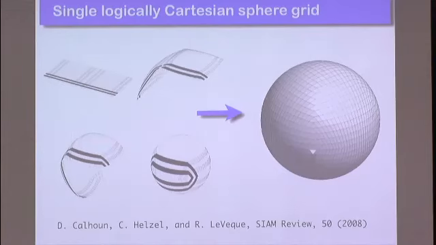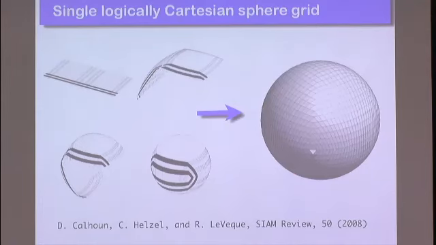The grid we want to work on is what we're calling a two-patch grid. We've yet to have a name for it, but we described this in a SIAM review paper several years ago. The idea is that you start with a logically Cartesian grid and you fold it underneath itself until you get a sphere grid, okay?